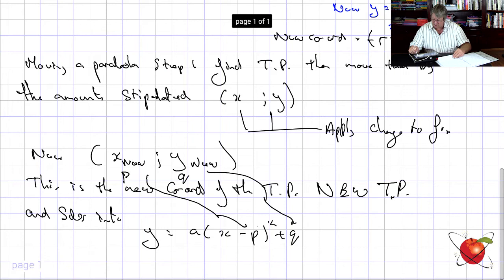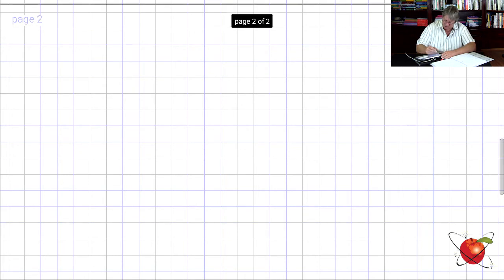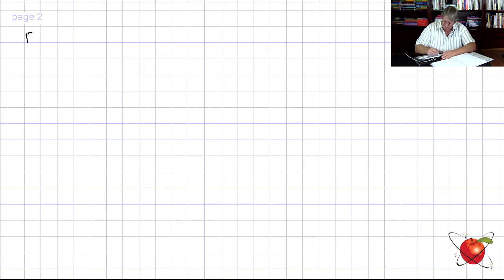Okay, I'm going to make another sheet. We've moved the parabola left and right, up and down. It doesn't matter what we're going to do. Here, let's just do an example. That's the easiest way to do these.